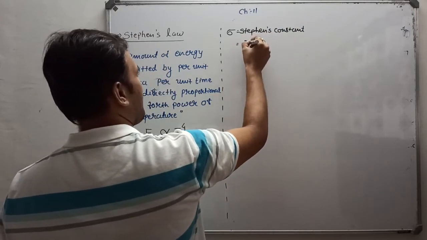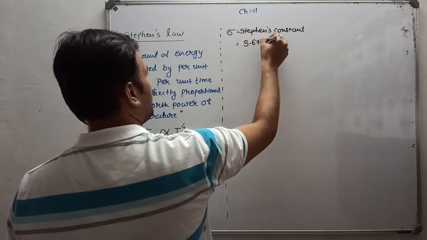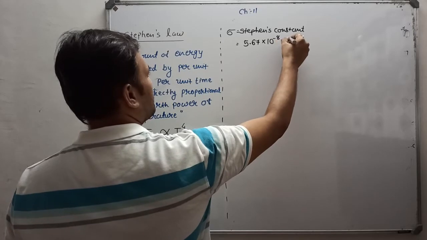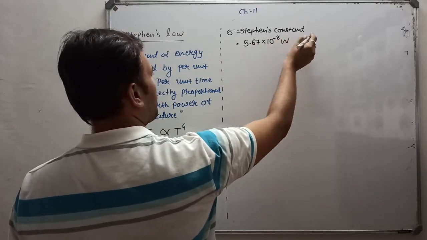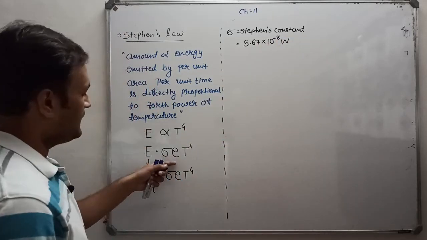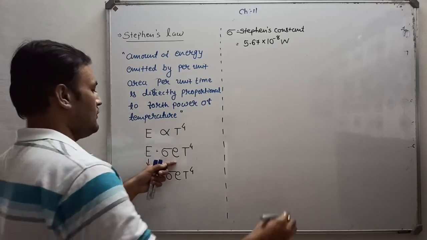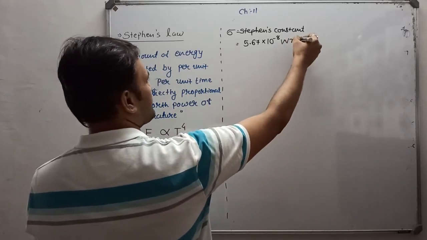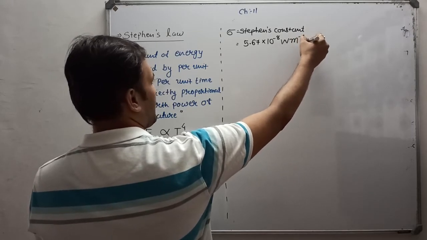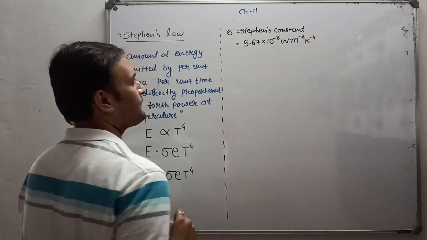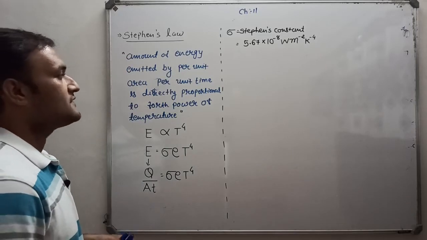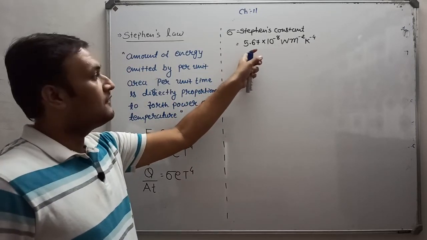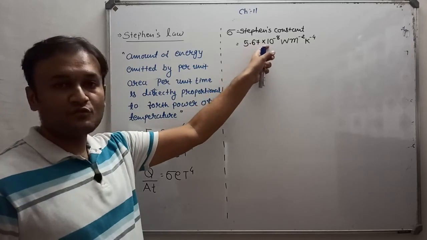It is 5.67 into 10 raised to minus 8, and its unit is watt per meter square Kelvin to the power 4. That is the value of Stephen's constant that you must remember: 5.67 into 10 raised to minus 8.